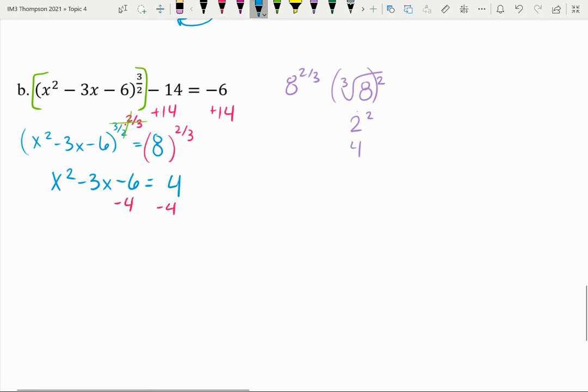We have a quadratic, so I'll solve for 0. Factor, solve, and then plug back in. The plugging in part here is kind of interesting looking.